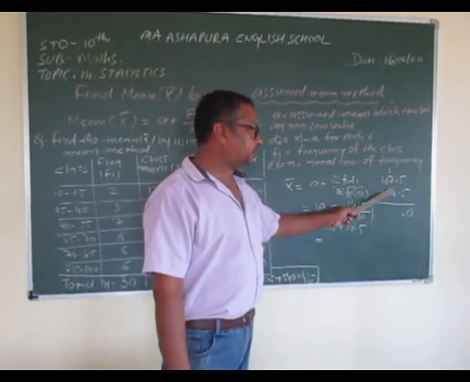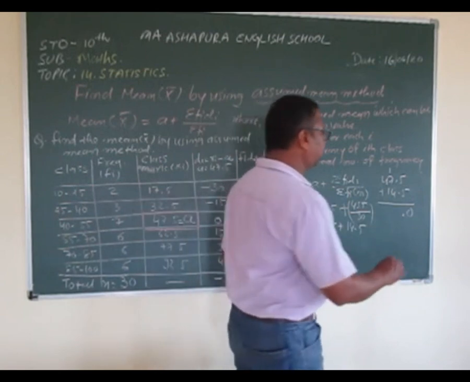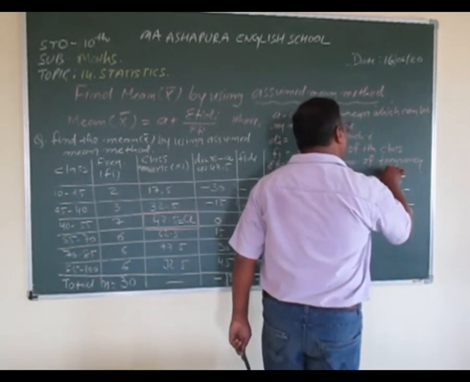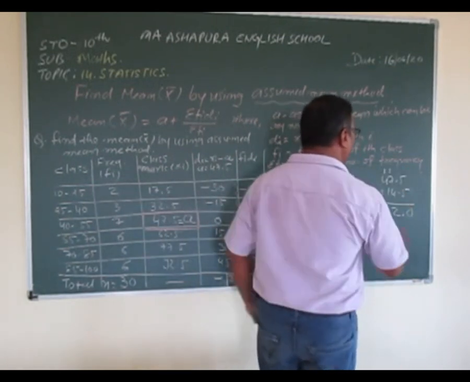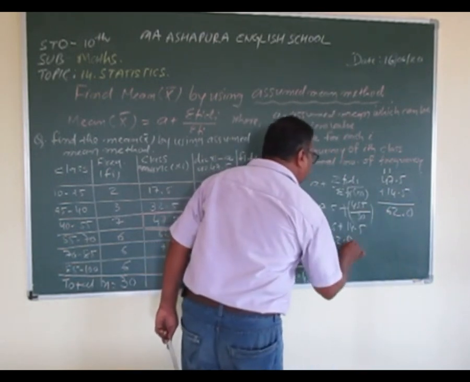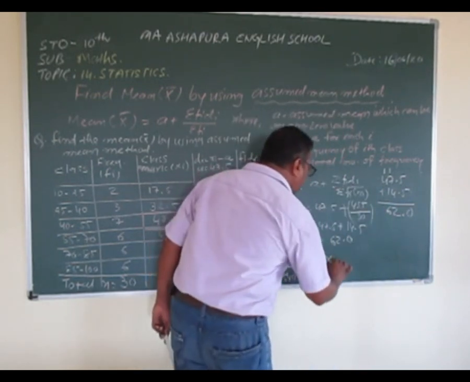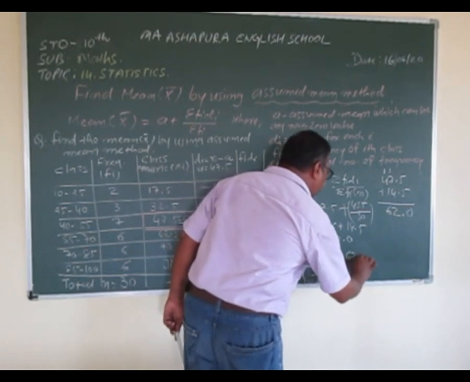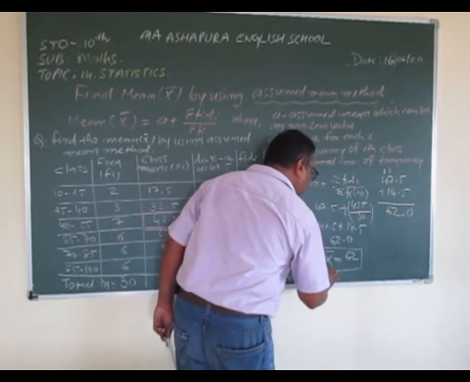Now 1 plus 7, 8 plus 4, 12, and 2 carry and 1 carry, 4 plus 1, 5 plus 1, 6. So our answer is 62.0 or 62. That means x bar is equal to 62.